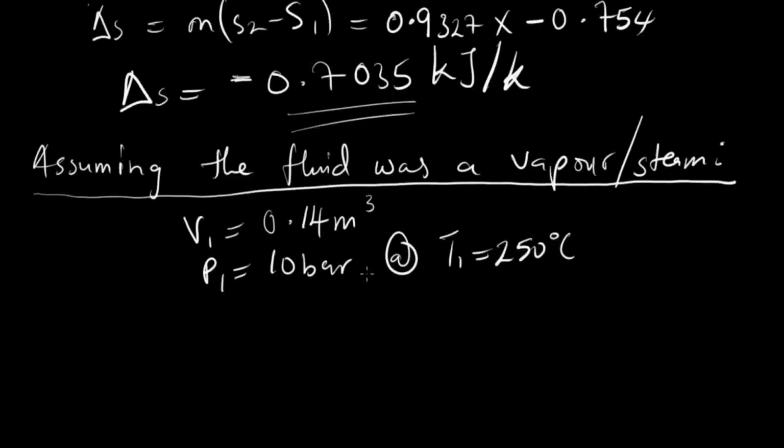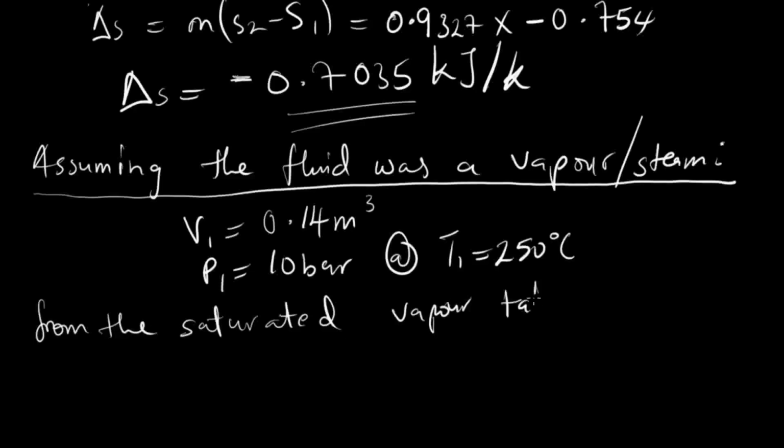Now, from the saturated vapor table in your steam table, you go to P equal to 10 bar.